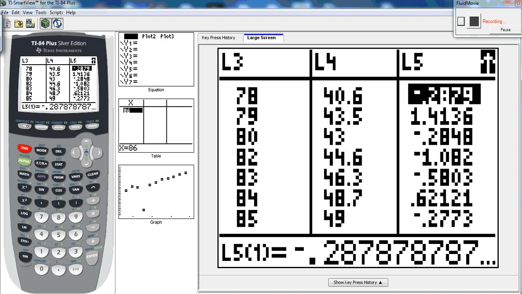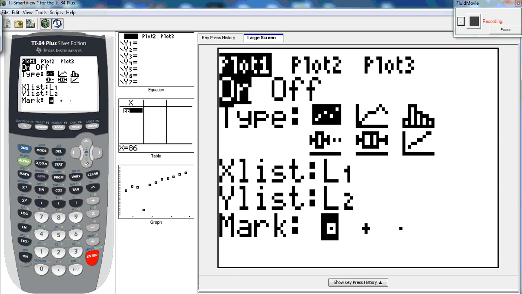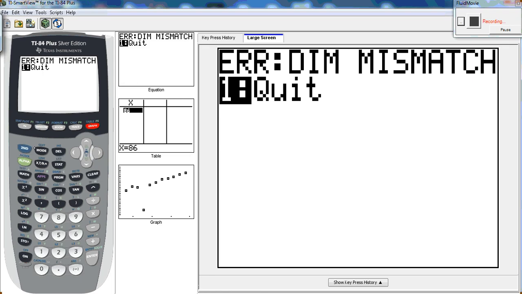Now when we go to Second Stat Plot, instead of doing List 1 and List 2, we are going to do List 1 against List 5. Oh, dimension mismatch. I didn't mean to do List 1. I apologize. It should have been List 3.